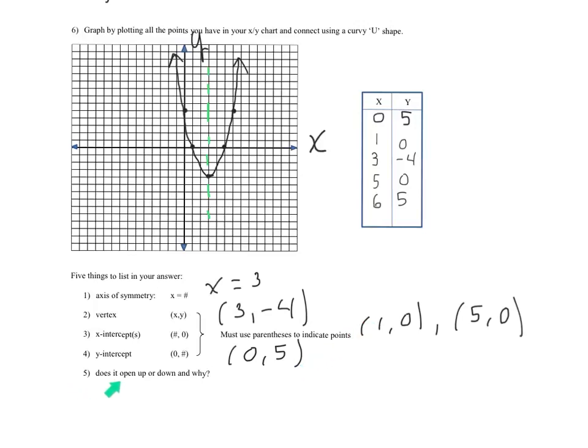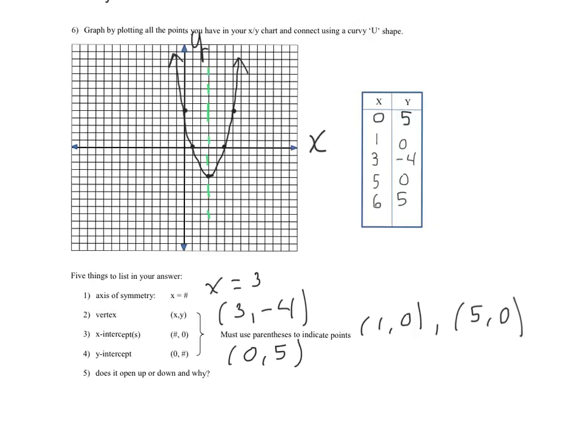And one thing we could have looked at the beginning was, does it open up or down and why? Clearly this parabola opens up. And if we look back on the first page of this handout, the very top right corner down a little bit, it talks about if A is positive, the parabola opens up.